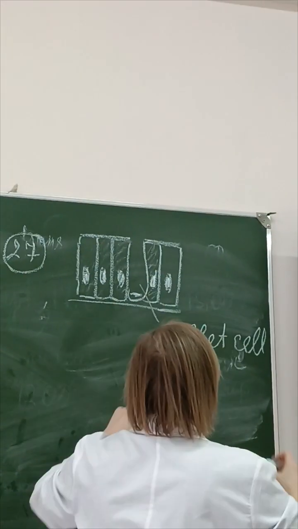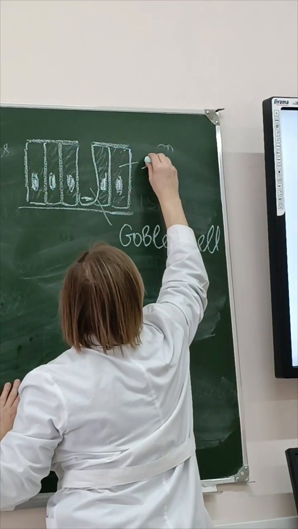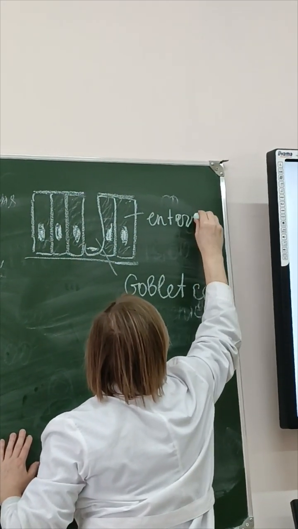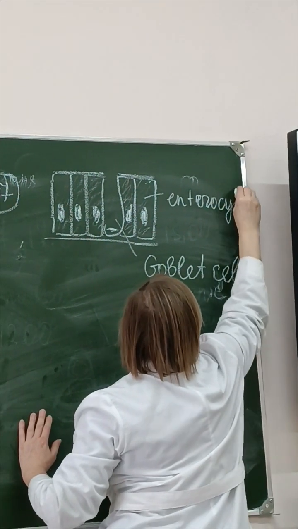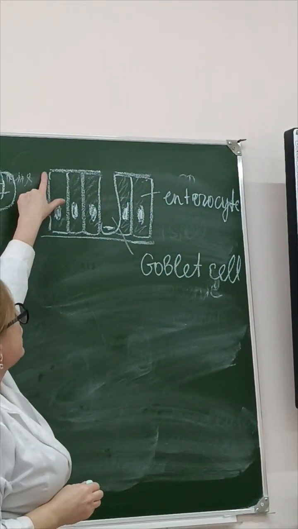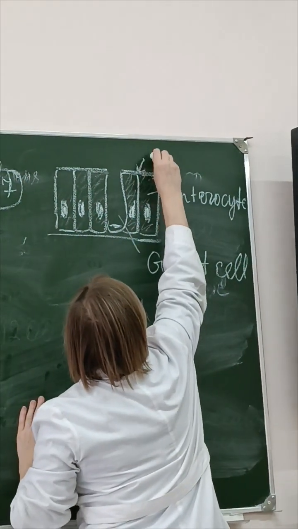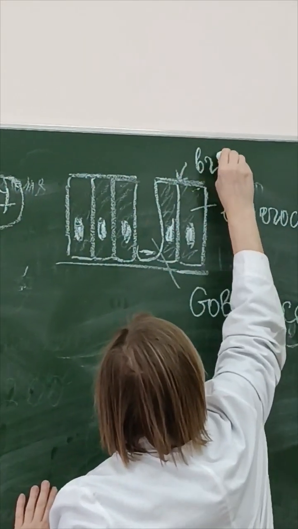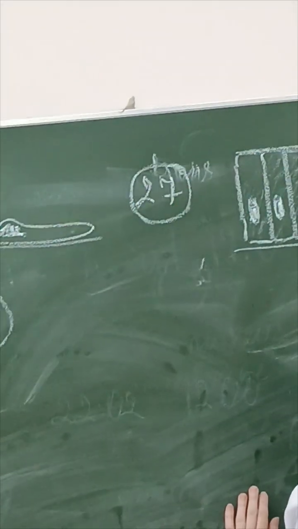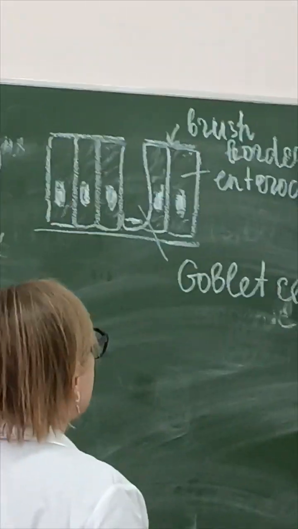Goblet cell. This is the cell, enterocytes. This is where the microvilli are, the brush border.